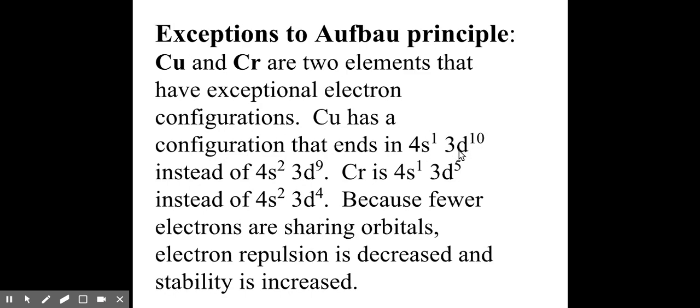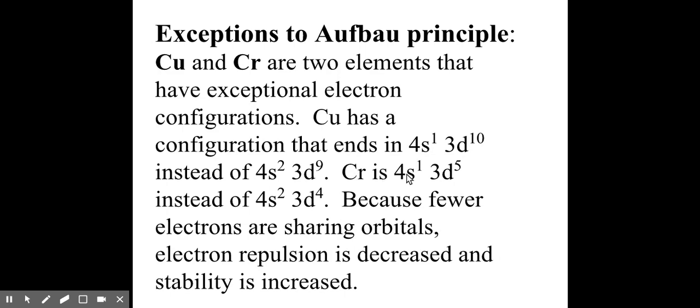Remember that 4s and 3d are very close on that diagram, so it was easy for that 1 electron to jump up. What it likes to do is fill that d orbital rather than have a full s orbital right there. It's actually more stable that way.